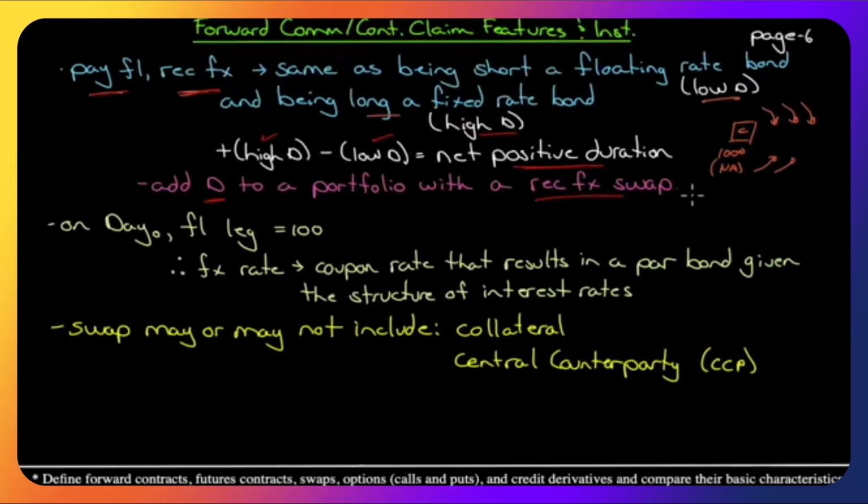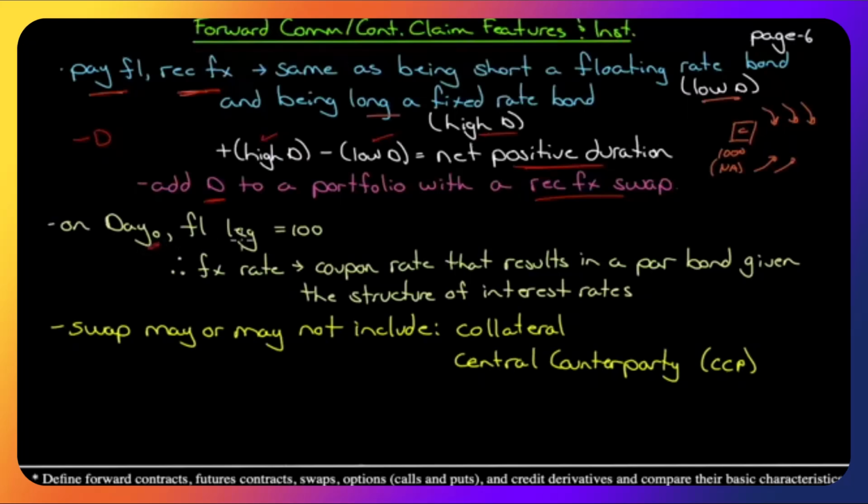Well, then the opposite is true. If I want to avoid interest rate risk for a period of time, I can enter into the opposite, a pay fixed, receive floating. A pay fixed, receive floating swap will have negative duration. So if I have a portfolio with positive duration, I want to bring that duration down, I enter into a pay fixed, receive floating swap.